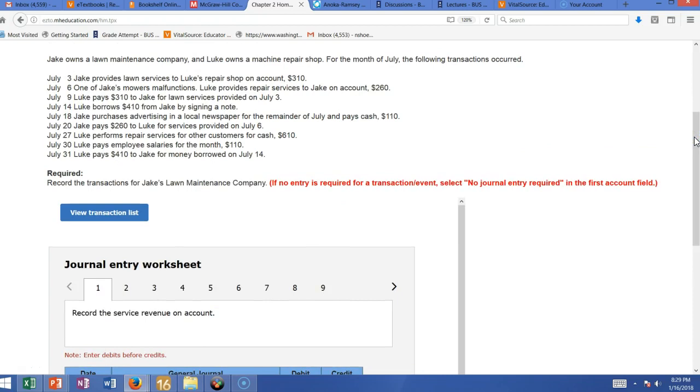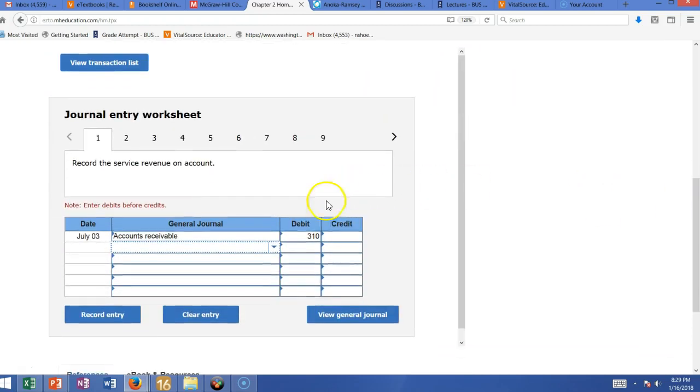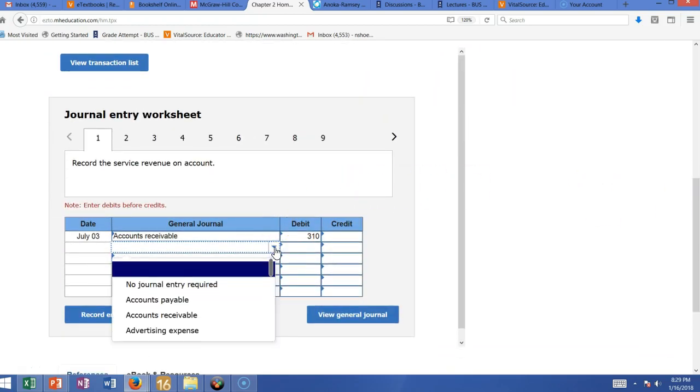Jake provides services to Luke's repair shop on account. So Jake is providing a service and we are recording transactions for Jake. So if Jake is providing a service, it's a revenue. So where's the revenue? Deferred revenue. That's a liability.